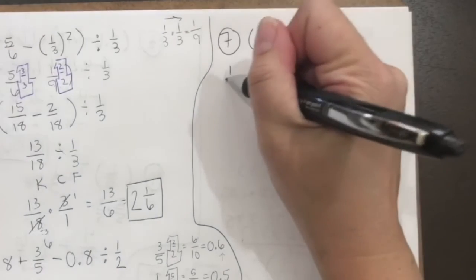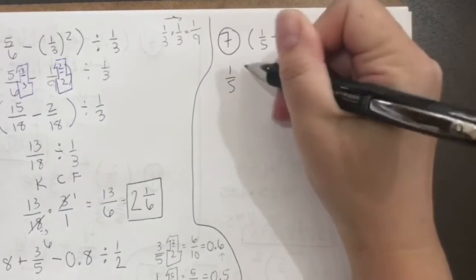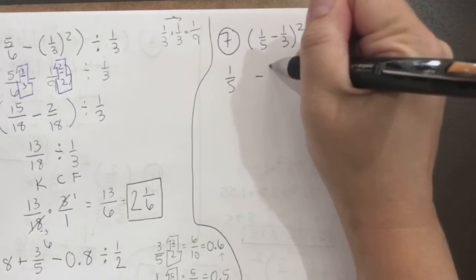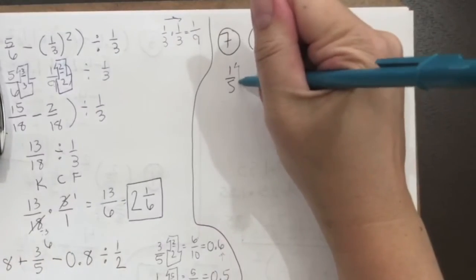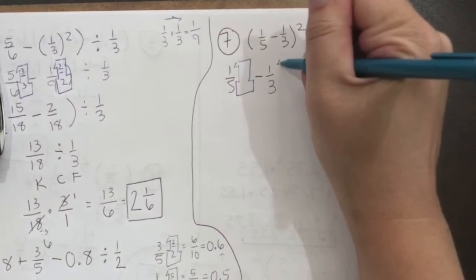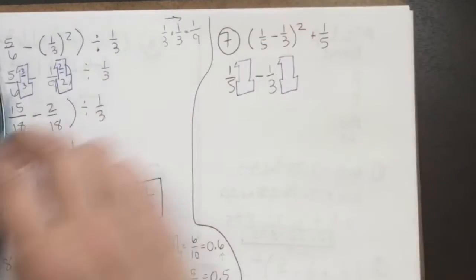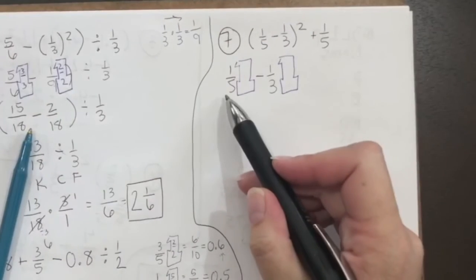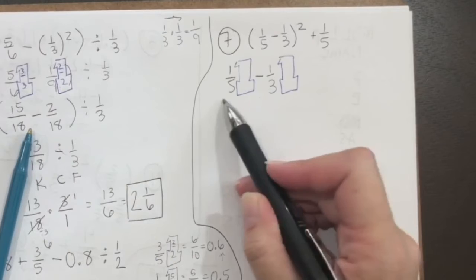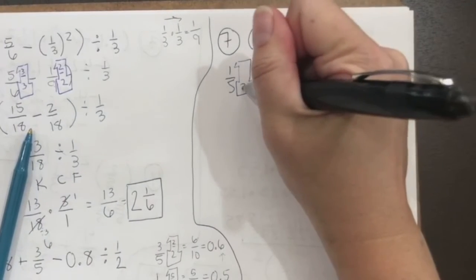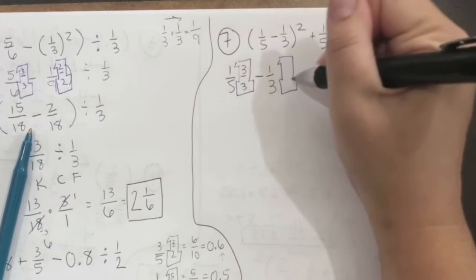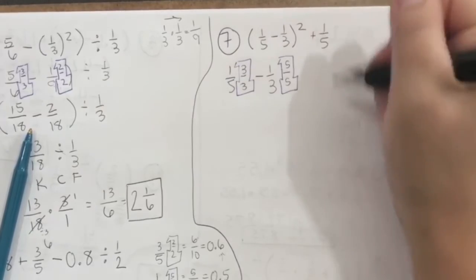We're going to need to get a common denominator for 1/5 minus 1/3, so we'll multiply by the big 1. To get a common denominator between 5 and 3, it'll be 15. 5 times 3/3, and this will be times 5/5.